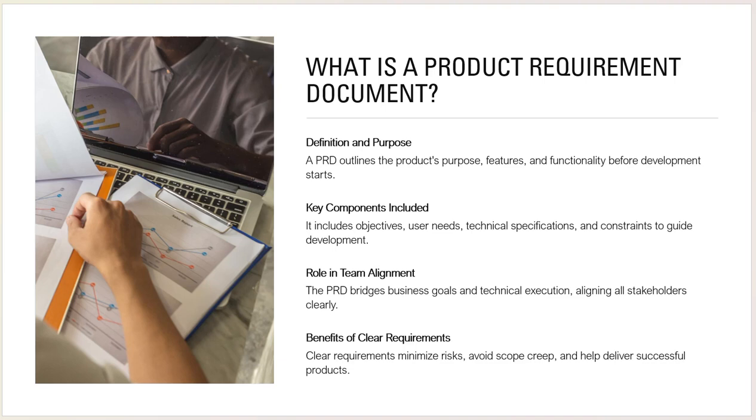By clearly defining requirements upfront, organizations can minimize risks, avoid scope creep, and deliver a product that meets user expectations and business objectives, and the requirements we can achieve within a timeline. So that's the importance of the product requirement document.